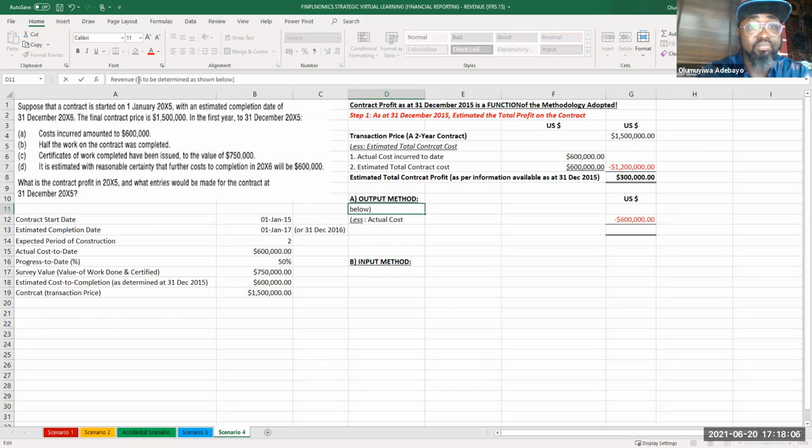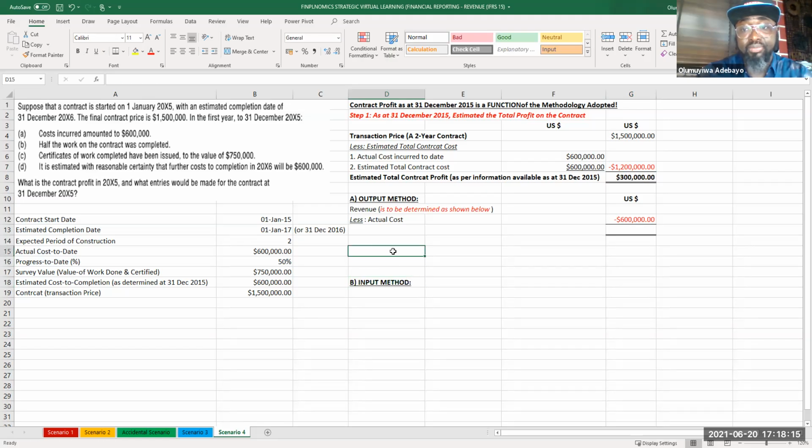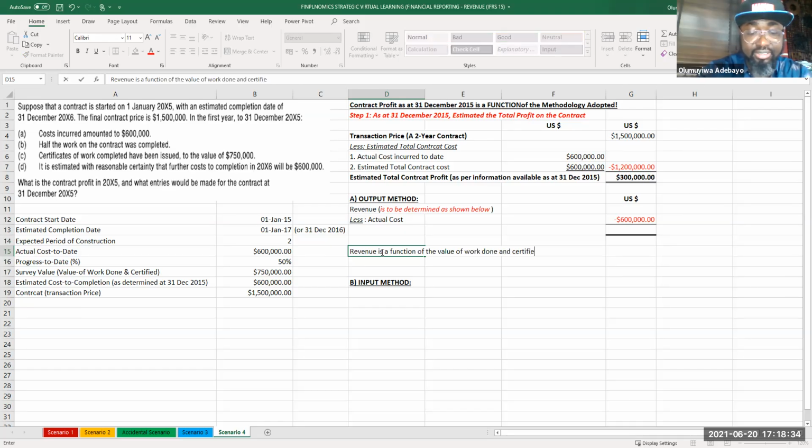Now we determine that under the output method. Is for us to say my revenue is a function of the value of work done and certified by an independent valuer as contained in the contract.